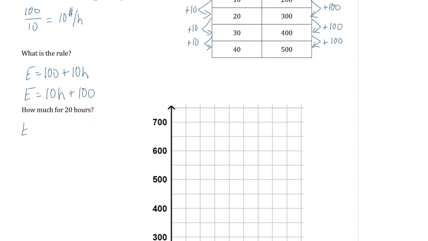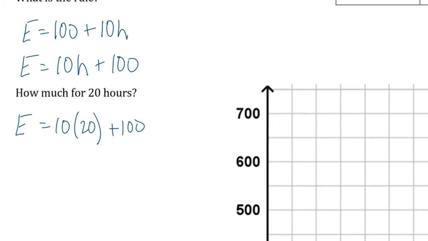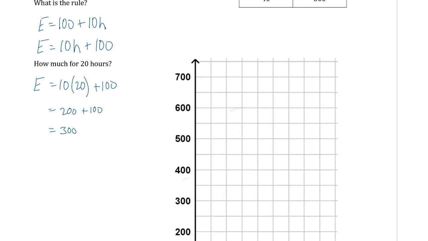How much for 20 hours? So I take 20 as my number of hours and put it in for H in my rule. 10 times 20 is 200, plus 100 is 300. And let's see if that matches.